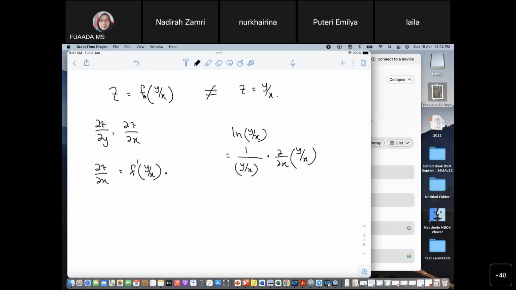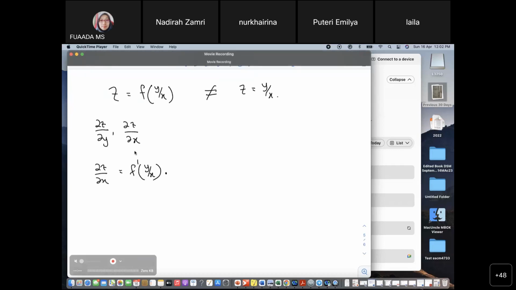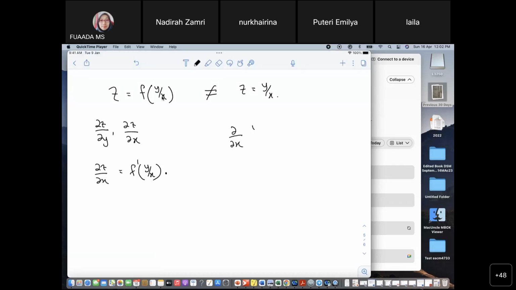So we just leave it like that. So the derivative of the outer function f gives f prime, times the differentiation of y over x, del x of y over x, with y constant.